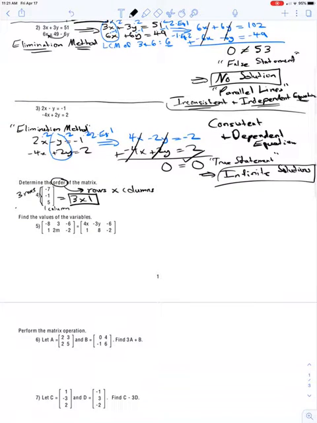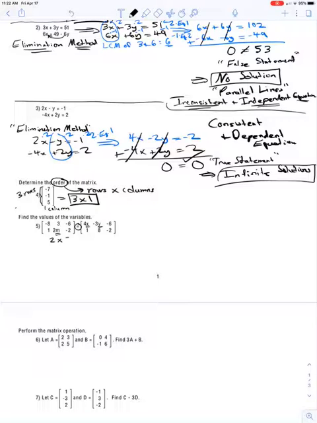It says find the values of the following variables. As you notice, we have an equation with 3 variables: m, x, and y. Now this is a matrix equation, so if 2 matrices are going to be equal, they've got to have the same order. What's the order? I'm going to write it beneath.